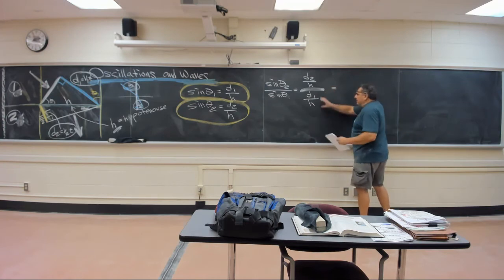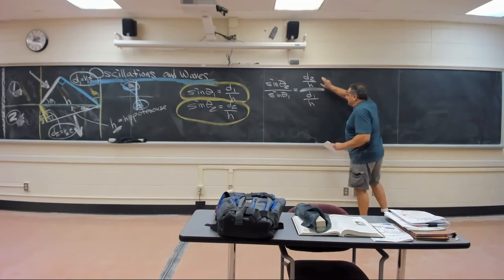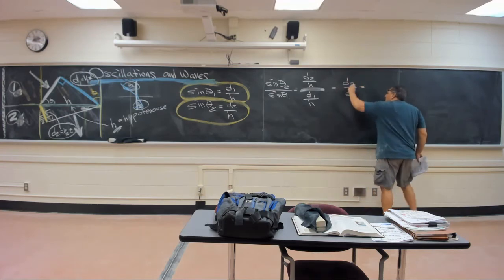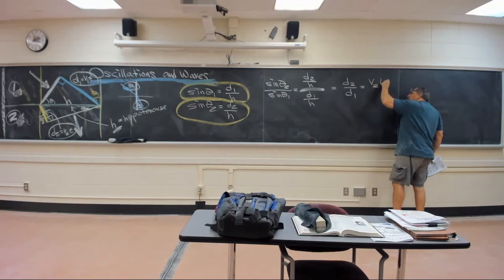Wait a minute. A fraction divided by another fraction is the first fraction left alone, multiplied by the reciprocal of the second fraction doing the dividing. True. What's that? It's V2 times t. What's that one? It's V1 times t.